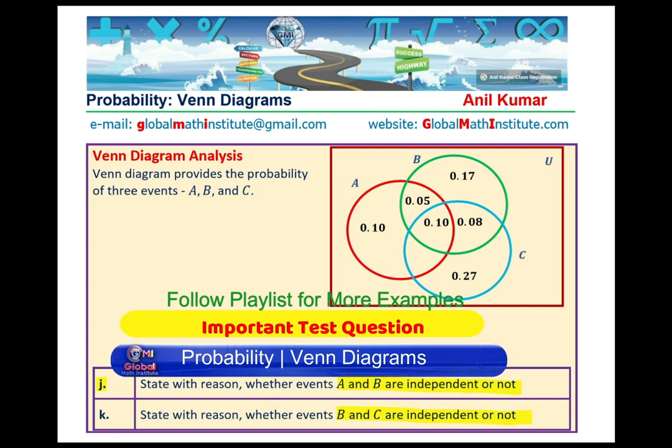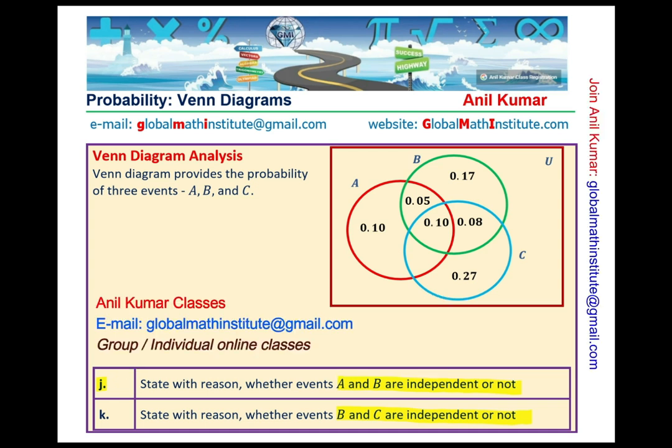Now, how do we figure out whether two events are dependent or independent? Well, the key is for independent events.